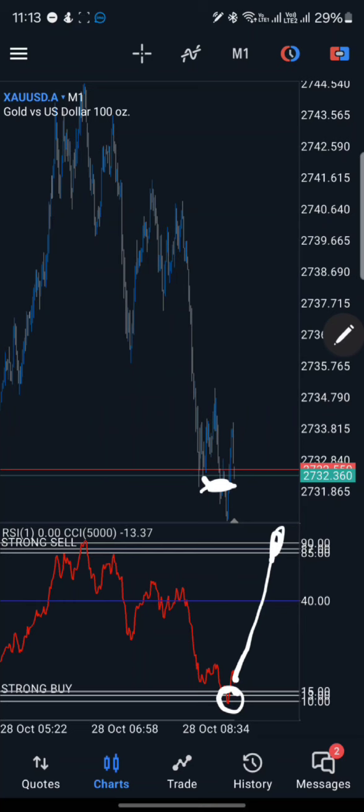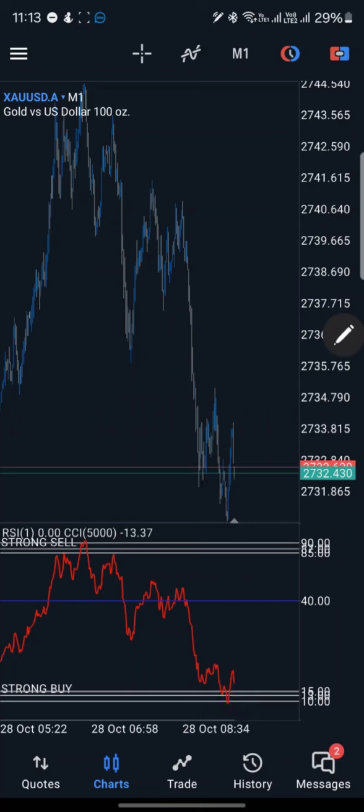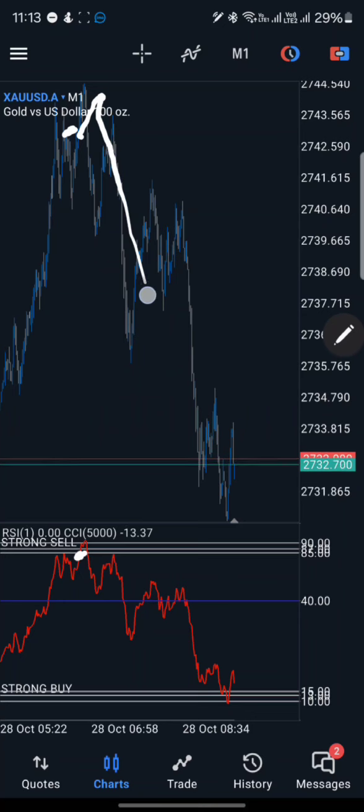So we wait for it to go all the way up to reach our sell zone in order to close our buy entries. Over here we can see we did not touch the white line. Only over here we touched the white line, our first entry. So we would have entered right over here, would have had some pullback, and then we would have caught this entire move all the way down until we've reached our buy zone.